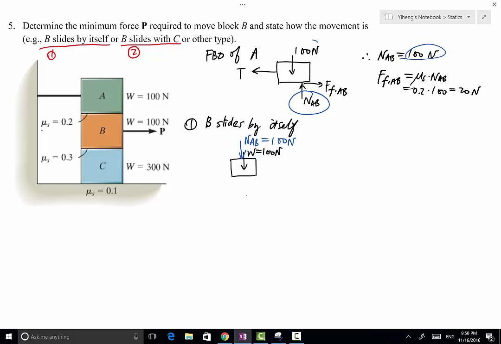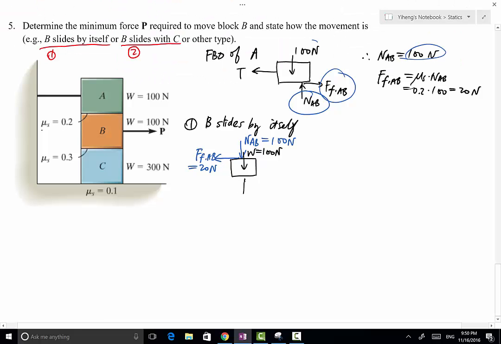And then what else? We have this force right here, that is the frictional force from block B to block A. Therefore, again, because of action and reaction, we will have the same frictional force but opposite direction. That is 20 Newton but points to the left. And then continue to draw the free body diagram.